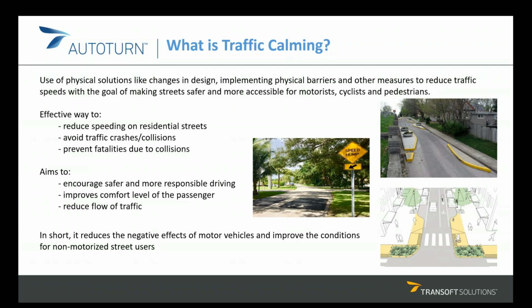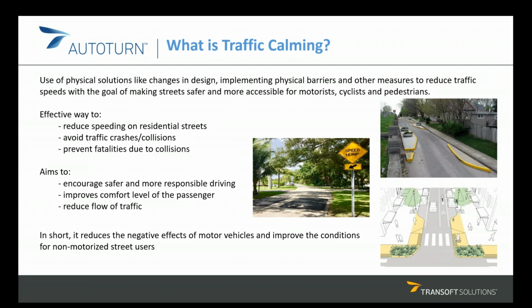Traffic calming has been proven as an effective way to reduce speeding on residential streets, and it has been found to avoid traffic collisions and also prevent needless fatalities due to these collisions.